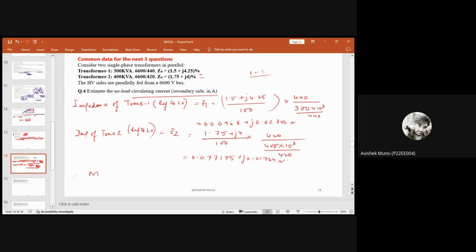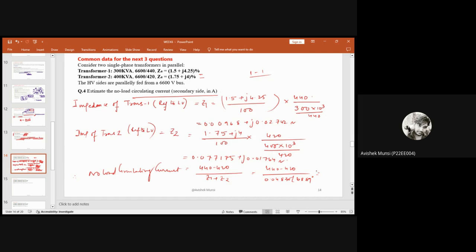Therefore, the no load circulating current is the difference in the voltage by Z1 plus Z2. So if you put the values of Z1 and Z2, you subtract it, it will be around 1048 at an angle of 68.89.